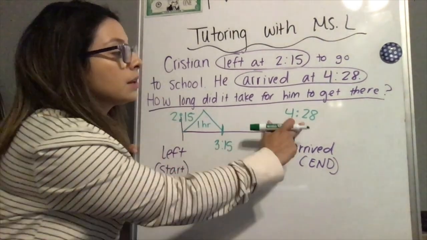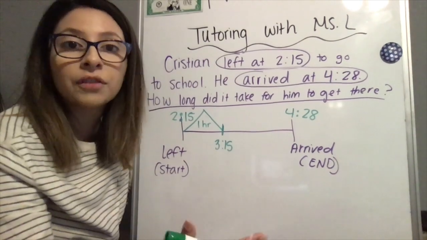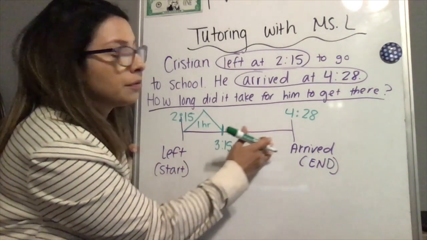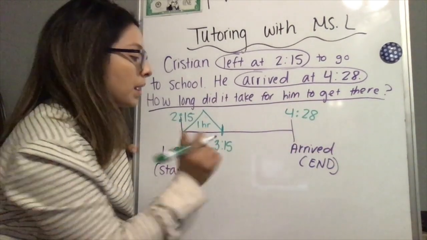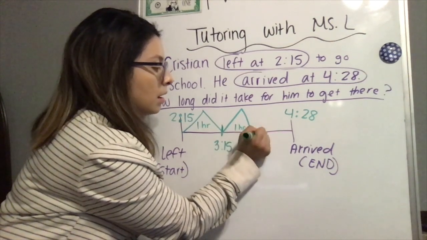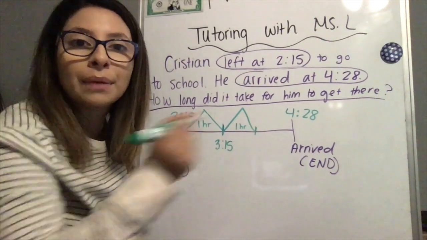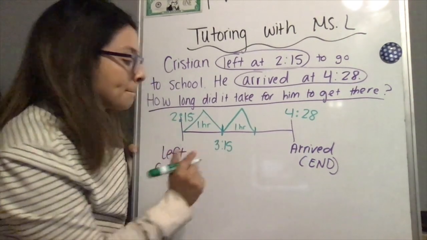Well, from 3:15 to 4:28, I can tell the next hour will be 4:15. That'll be right before. So as long as I don't go over, I can do that. So be careful. I'm going to do another mountain. If you want to do just a jump, that's fine. If you want just a regular jump, I'm a little extra, so I like to do that.